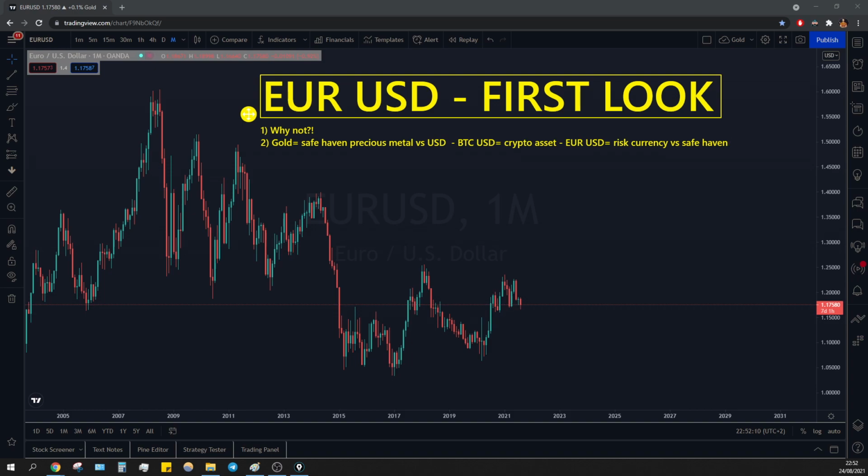In special situations like fear, uncertainty and doubt, war tensions, trade wars, investors are going to put money in dollar, yen, Swiss franc.